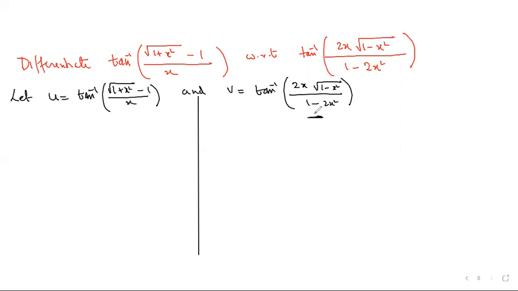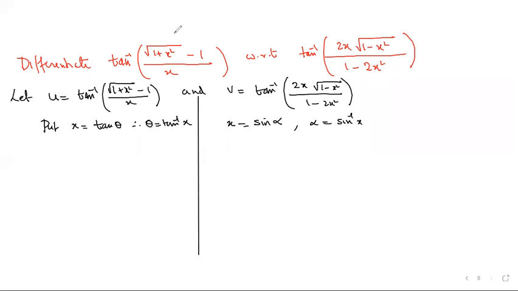Sine. So you will write here, put x equal to tan theta. And here you will write x equal to sine alpha. Don't use the same variable, use a different variable. Therefore, theta is tan inverse x. And here alpha is equal to sine inverse x.